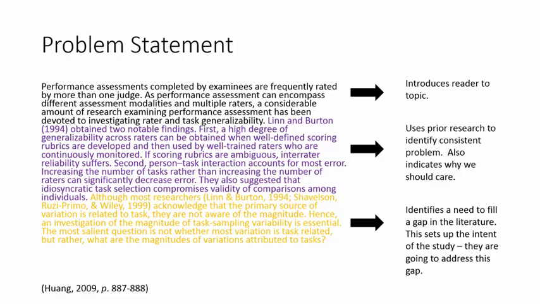So one of the findings that tends to occur in this area is that we can handle raters and we can train raters fairly well and account for that source of error or unreliability. However, one of the things that people really don't understand is why we have what's referred to as a person-by-task interaction, and that seems to be a big part of the error that we see.